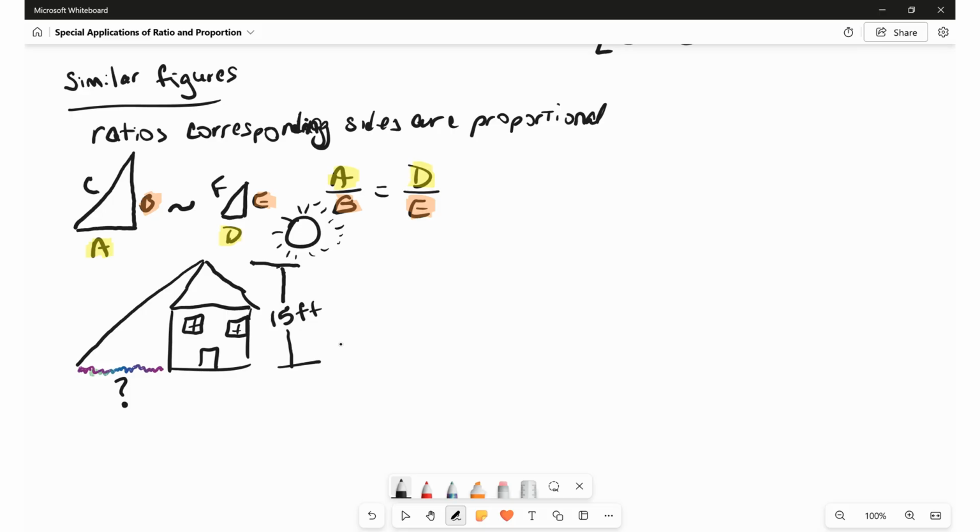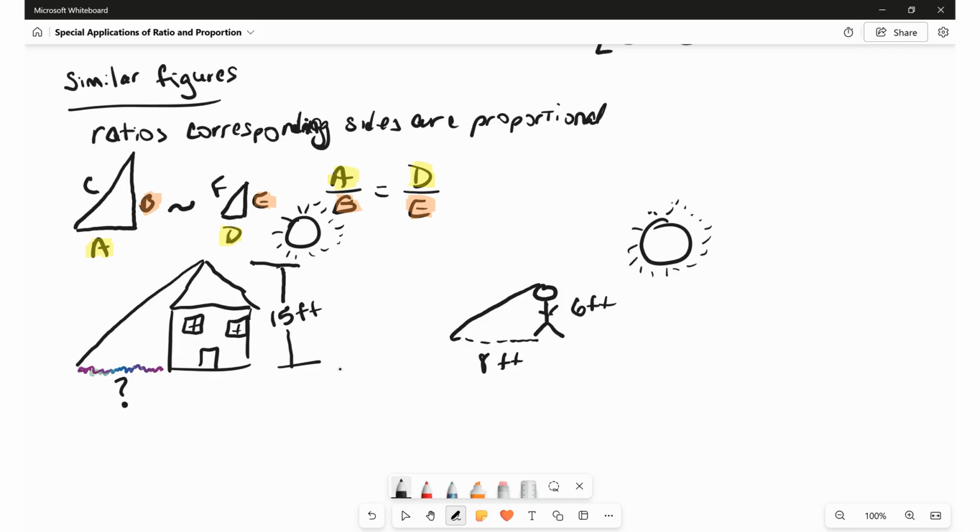And we also know that at this same time of day, when we're standing with the sun in the same place, that sun creates this shadow here. And we know that this person is 6 feet tall. And we also measure that their shadow is 8 feet long.